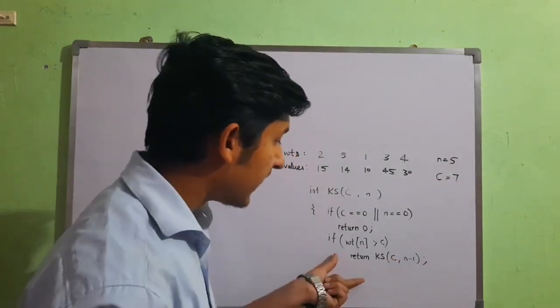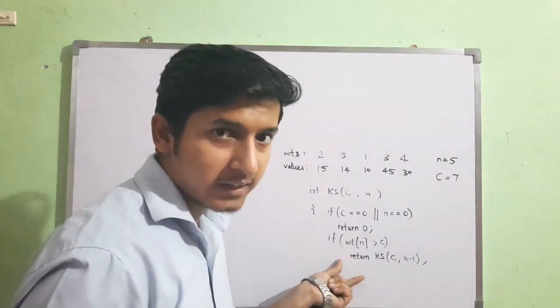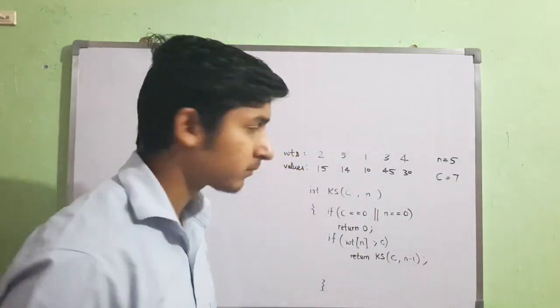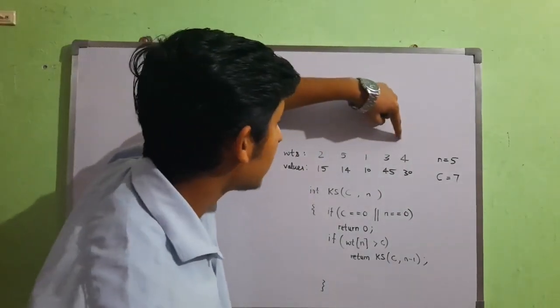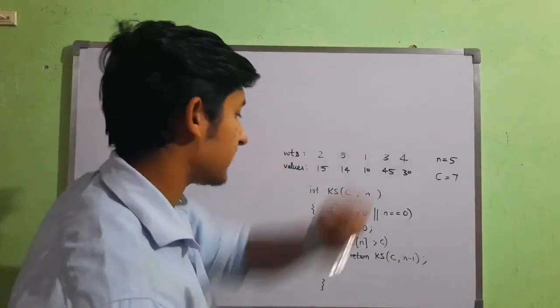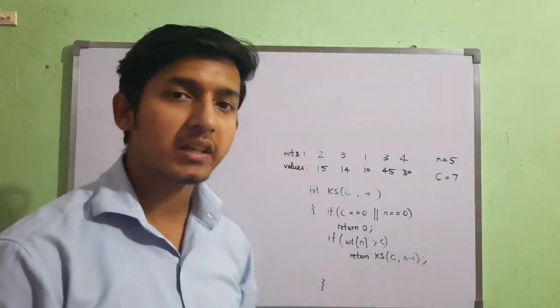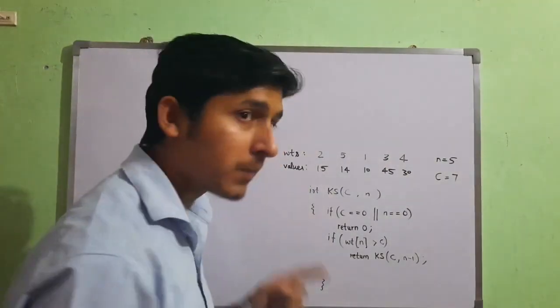This means I excluded the last element and return the profit with the remaining elements. Here no element exceeds the carrying capacity, so this case will never work for this example, but for a given example this case may work.